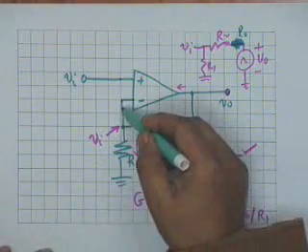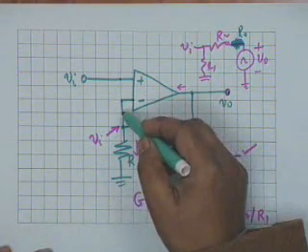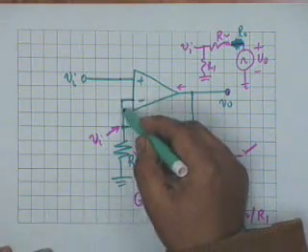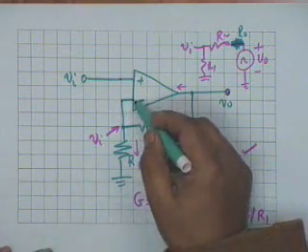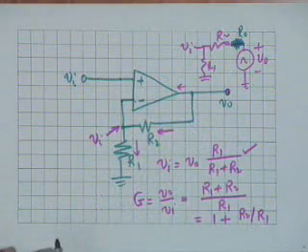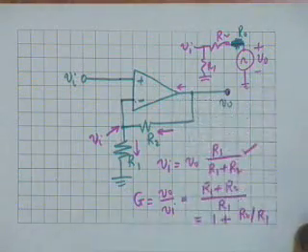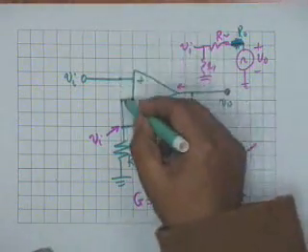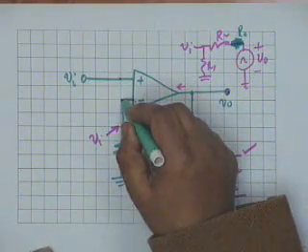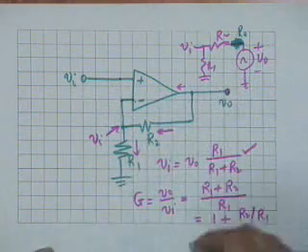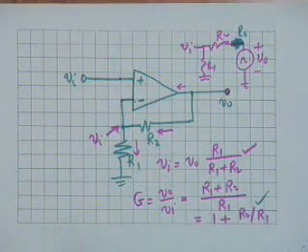It assumes that the input resistance is also infinity, that is, the op-amp does not take any current at the inverting terminal. What is the third assumption? Capital A goes to infinity, so that this potential cannot be different from this potential. Vi comes here. All these assumptions are involved in this relationship.